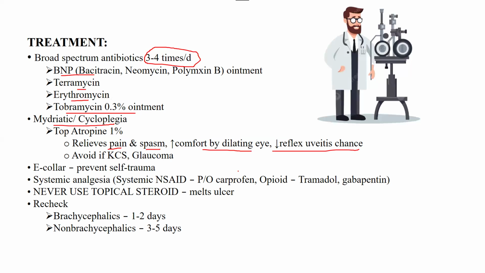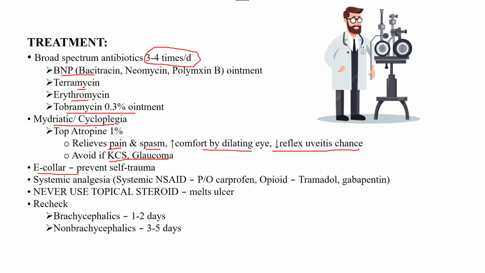Also, you have to avoid atropine if there is underlying KCS or glaucoma. If the ulceration is due to KCS, you need to avoid atropine, because we know atropine causes dry eye in itself, like decreased tear production. So you have to see the underlying cause also.